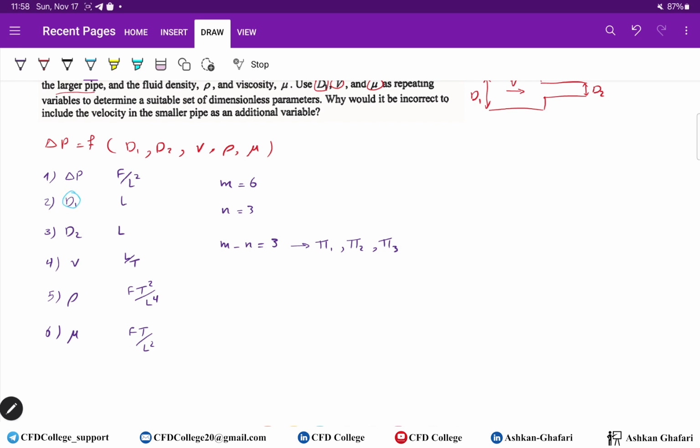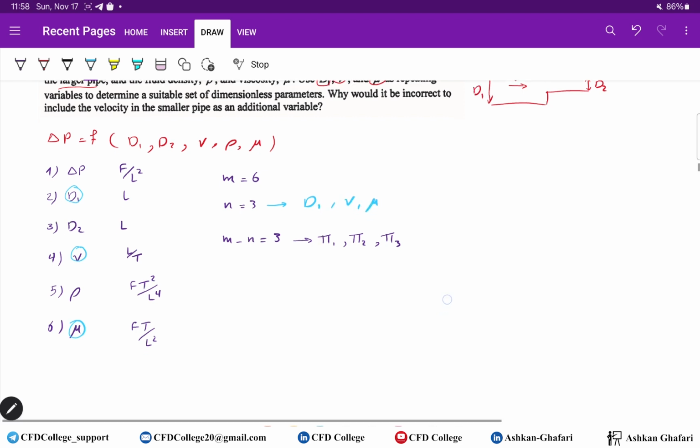Since n is 3, we should pick 3 repeating variables: D1, velocity, and mu.